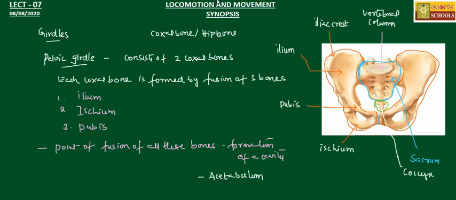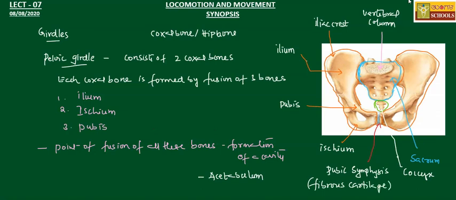Now these two coxal bones are joined at one point, and here you see a small blue colored part between the two coxal bones, called the pubic symphysis. It contains fibrous cartilage.